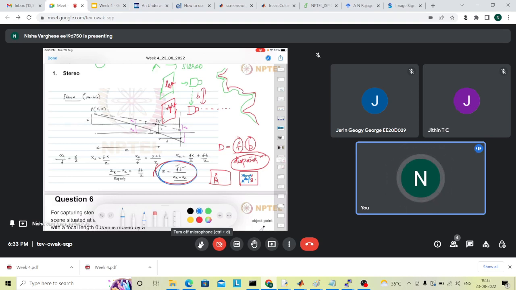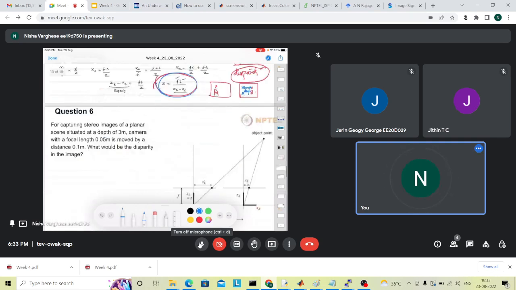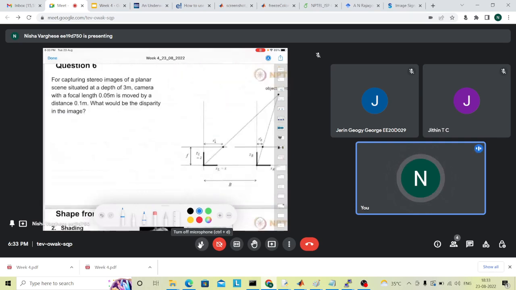The next question is about stereo images. For capturing stereo images, a planar scene situated at a depth of 3 meters, camera with a focal length 0.05, is moved by a distance of 0.1 meter. What would be the disparity in the image? Depth is given, but we have to find the disparity. The equation is depth equals F B by disparity.